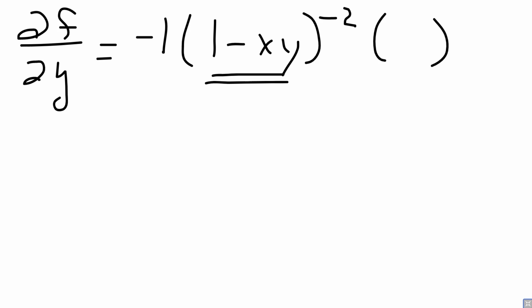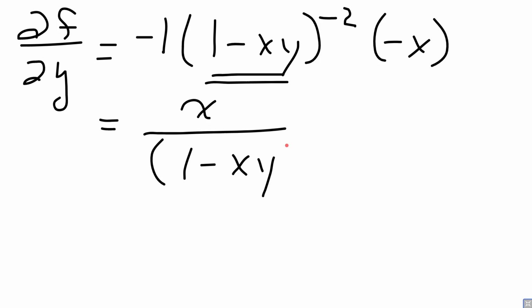Negative x. Again, we clean it up and get rid of the negative exponents, so we end up with x over 1 minus xy to the second. Any questions?